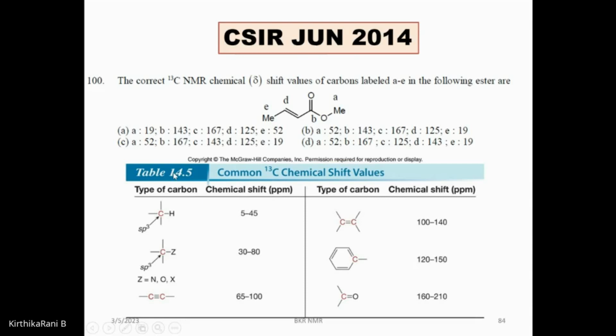CH3 or CH2 attached to benzene ring. No, I'm not asking about benzene protons. CH3 protons attached to benzene rings, not aromatic protons. The CH3 attached to benzene, those CH3 hydrogens will be in what range?